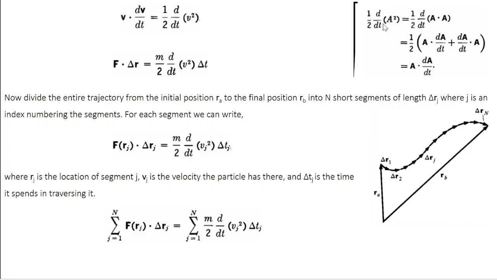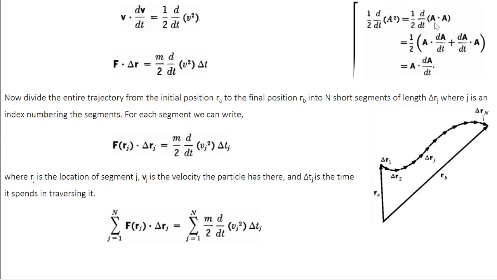You can quickly cross check this. For any vector a, let me start from the final result, half d by dt a square. A square is nothing but a dot a, right? Dot product of a vector with itself is nothing but square of its magnitude. So half d by dt a dot a. Now this is a simple product rule.